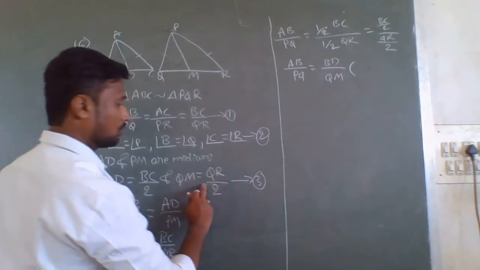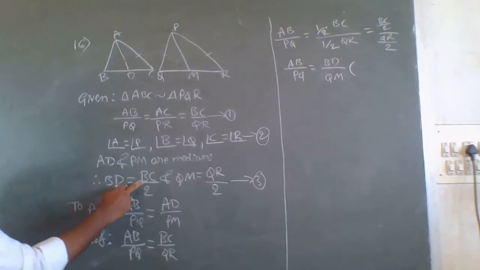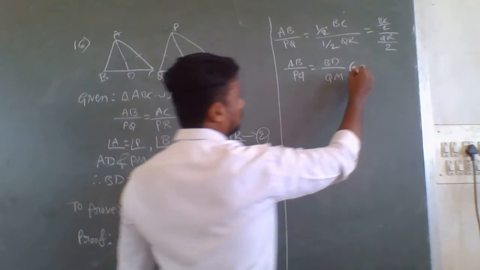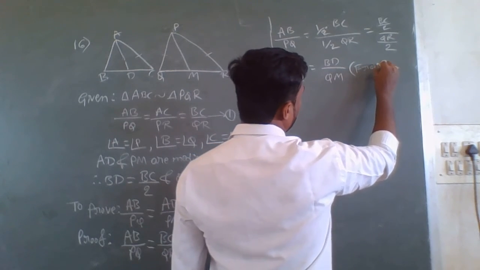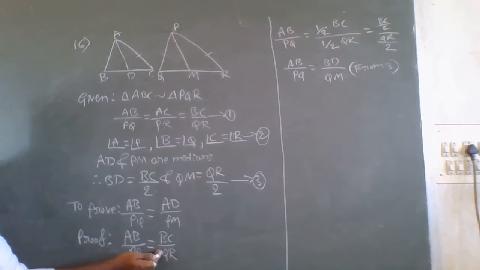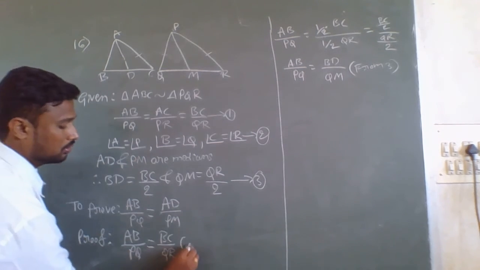This is from the third: BD is equal to BC by 2, QM is equal to QR by 2. And here AB by PQ is equal to BC by QR. I have written it from 1.